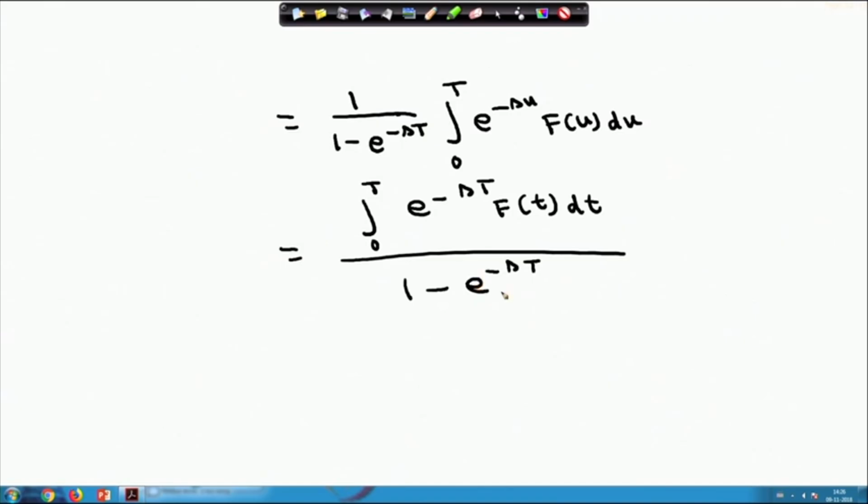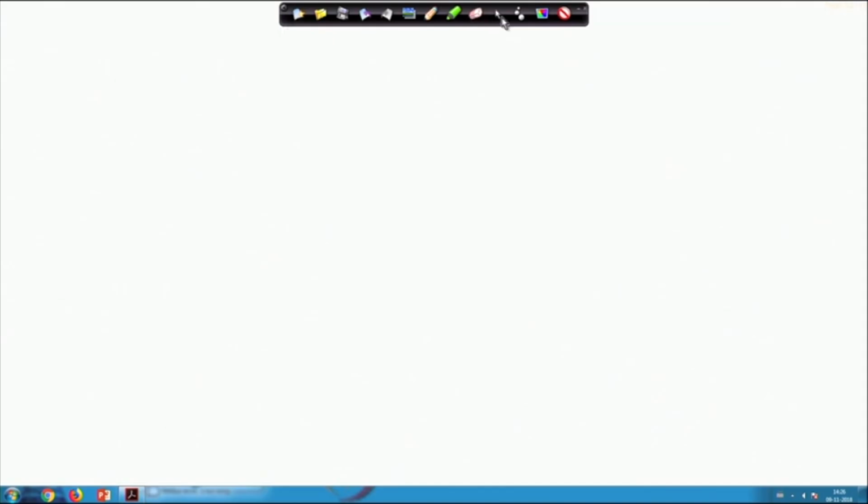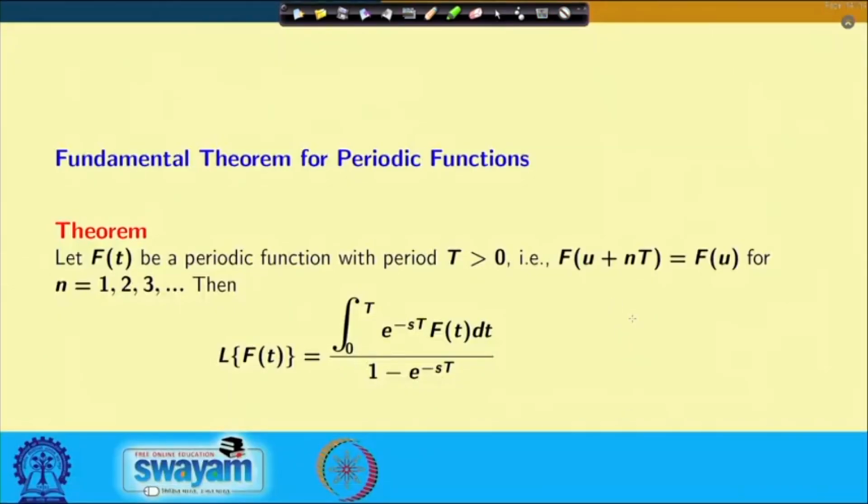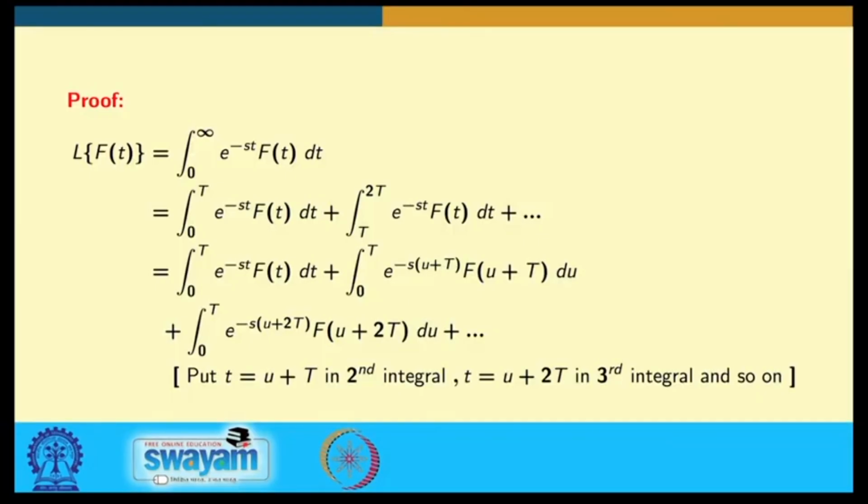So if you see this, your Laplace transform, you are breaking it into 0 to T, T to 2T. Now, using the substitution t equals u plus capital T in the second, third and all other integrals, you will find that I am getting 0 to T e power minus st f(t) dt plus 0 to T e power minus s into (u plus T) into f of (u plus T) du.